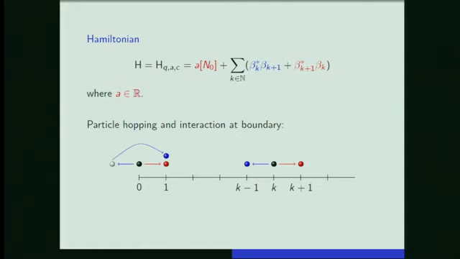Part of the boundary condition comes from here, and part comes from the deformation of the algebra at the boundary. So what does this Hamiltonian do? In the bulk it moves particles from left to right, and at the boundary it wants to move to the left, but there is no site there, so it reflects with a certain phase. That will be the boundary condition.